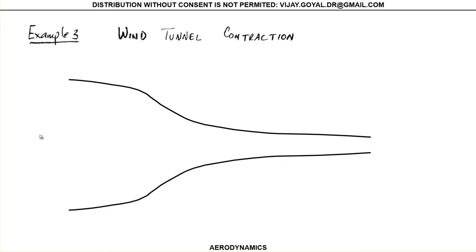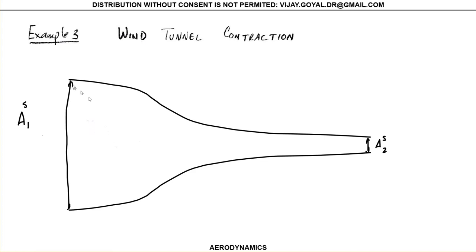Reduction in area. So in this location here, I have an area A1. Here I have an area A2. Okay. And let's call these the surface areas A1 and A2.